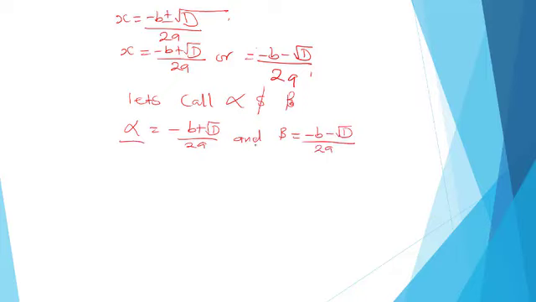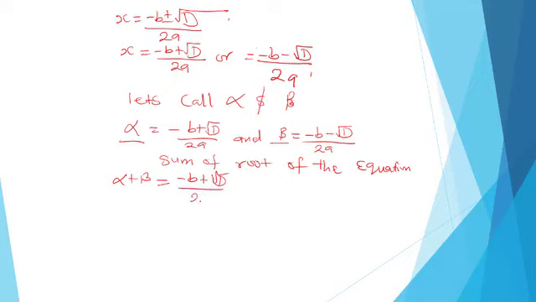So let's take alpha and beta as the roots of the equation. So the sum of roots of the equation becomes alpha plus beta, which is minus b plus root d over 2a plus minus b minus root d over 2a. Now we take the common LCM, which is 2a.